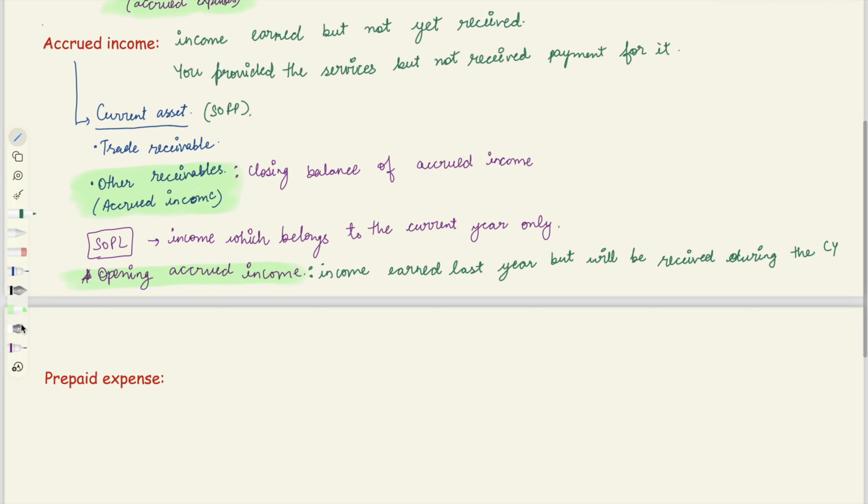Then next thing now we have is closing accrued income, not expenses.